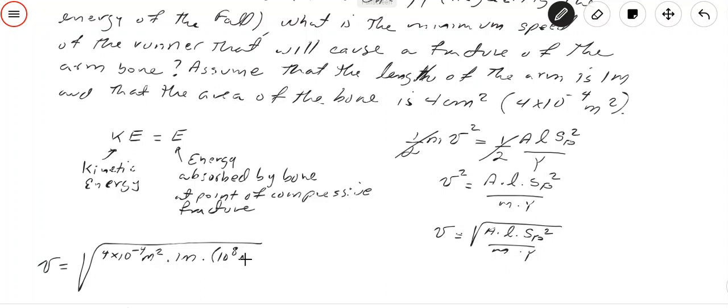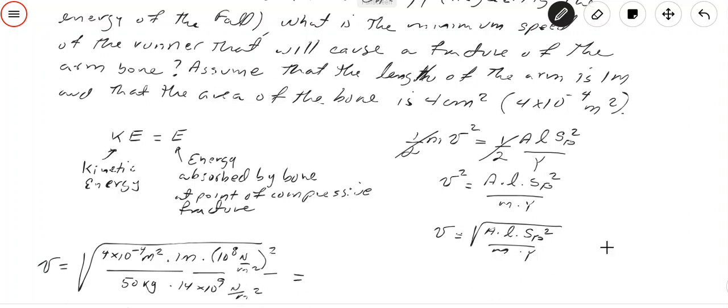Pascal is equal to newtons over meter square. But this is squared, all over the mass that is 50 kilograms, times the modulus of Young for the bone, which is 14 times 10 to the 9 pascals, so newton over meter square.